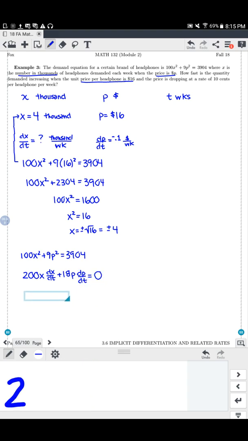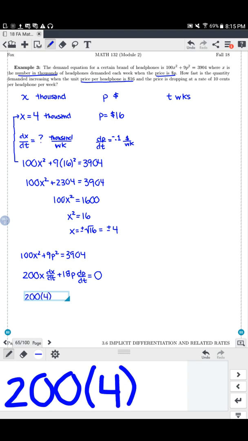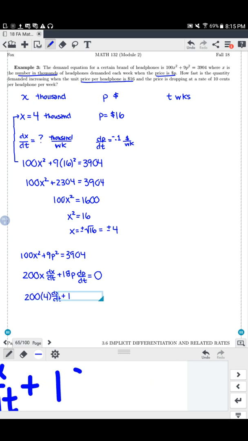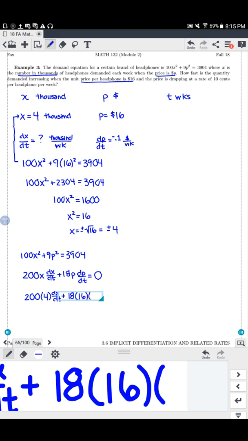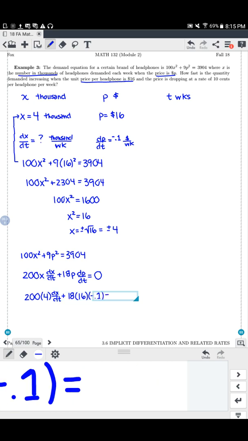So now I can plug in everything I know. 200, my x value, my current demand is 4, so that stands for 4,000, dx dt, plus 18 times my current price, which is set at $16, times dp dt. We're changing the price, we're dropping it, we're decreasing it by 10 cents, or 0.1 of a dollar.